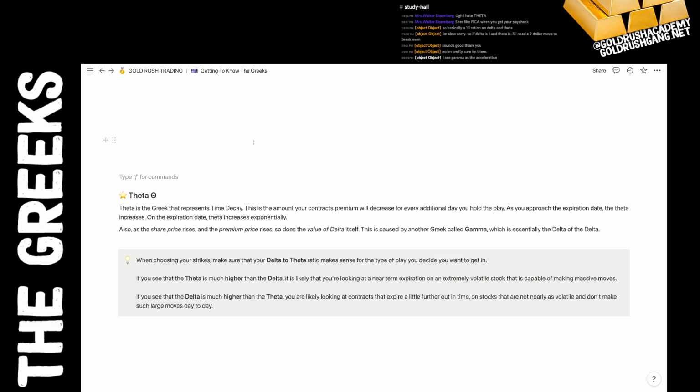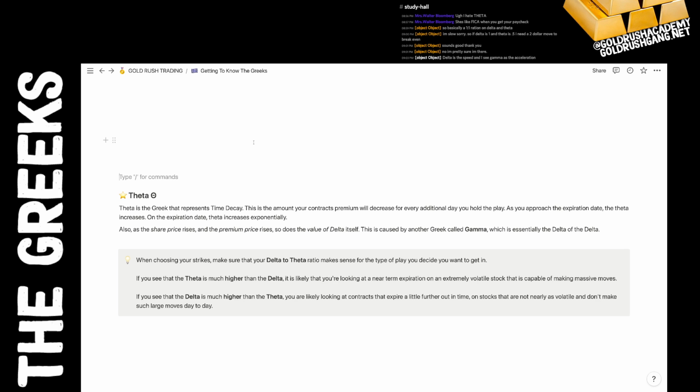I'll give you an example. If you see a high theta, a $1 theta, and you see a delta is 30 cents or 20 cents, then that means, first of all, that for you to swing this overnight, the stock has to move $4 or $5.